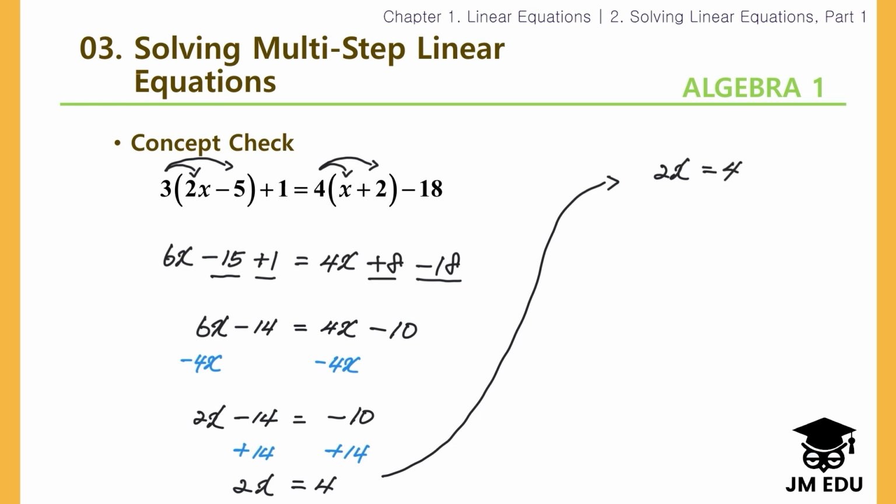This is 2 times x, so to eliminate this 2, we're going to divide each side by 2. So x is equal to 2. The solution for this equation is x equals 2.